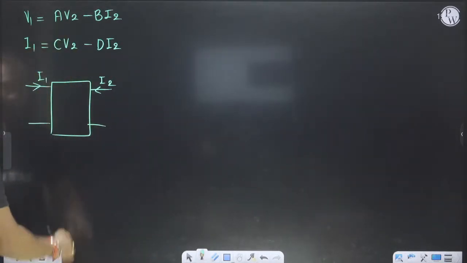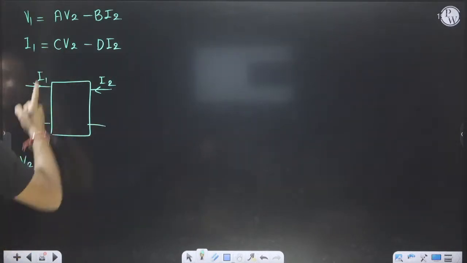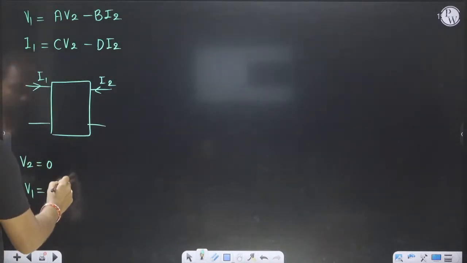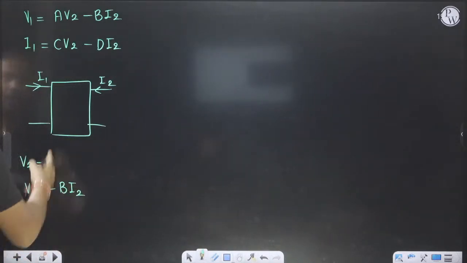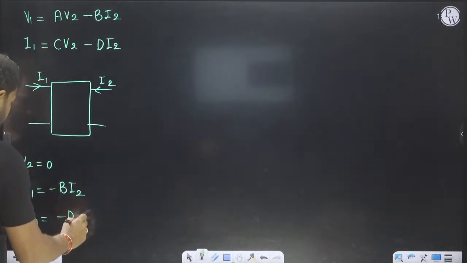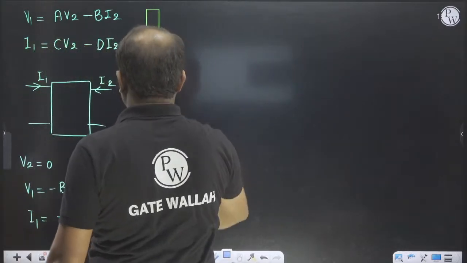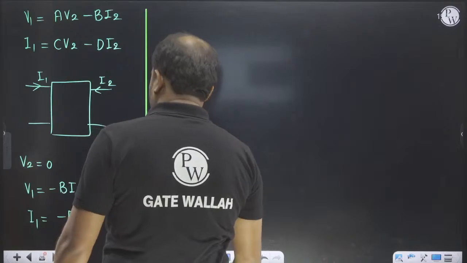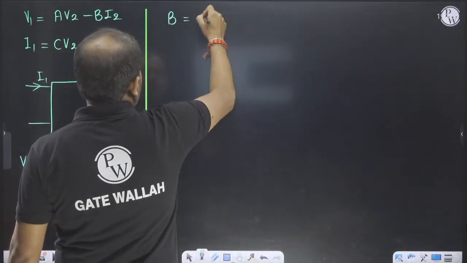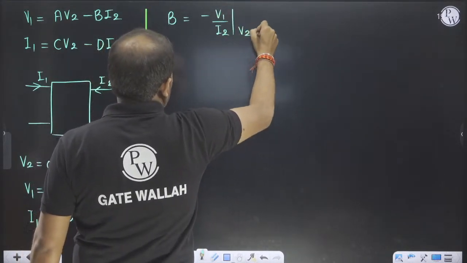Then I will make V2 equal to 0, short circuit. So V1 is equal to minus BI2, and I1 is equal to minus DI2. So B is equal to minus V1 divided by I2 when V2 is equal to 0.